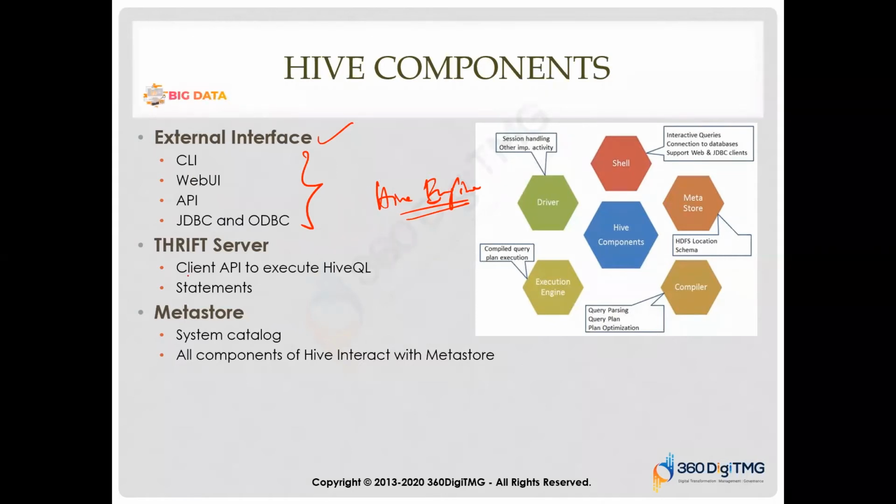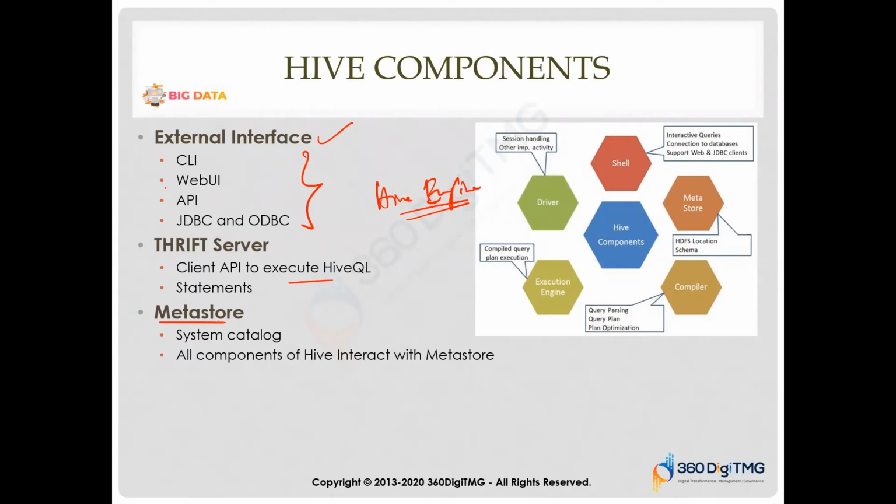Then we have third-party application interfaces, such as thrift servers, which would actually help us execute the Hive queries. We get Hive statements or Hive queries, which would basically parse and execute them. And we can get it done by third-party software as well. And the most important component is the Metastore.